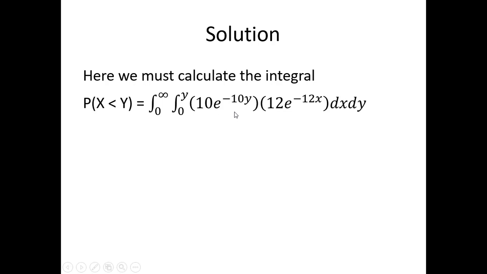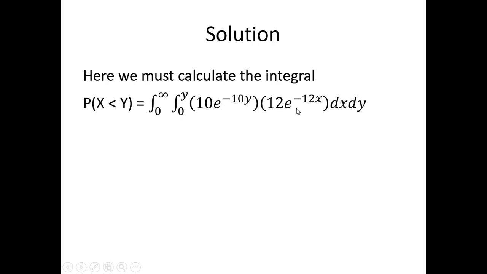Now, I wasn't given a joint PDF, but I know that the random variables are independent. So the joint PDF would be the product of these two. These basically are what we call the marginal PDFs. Okay, so this is how we'd set up the integral using the joint PDF.